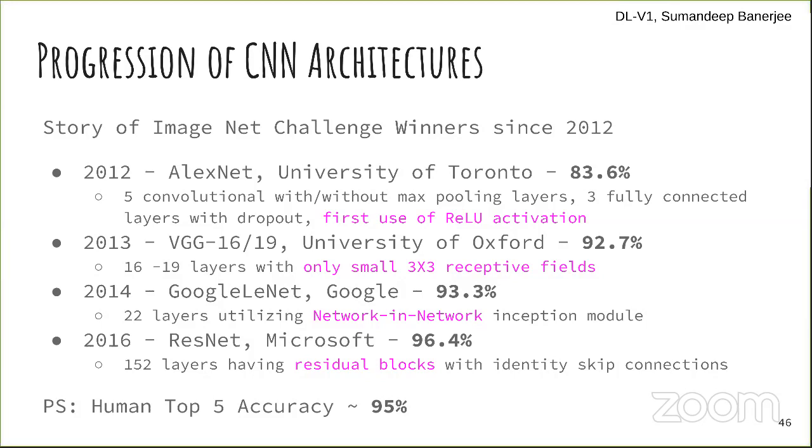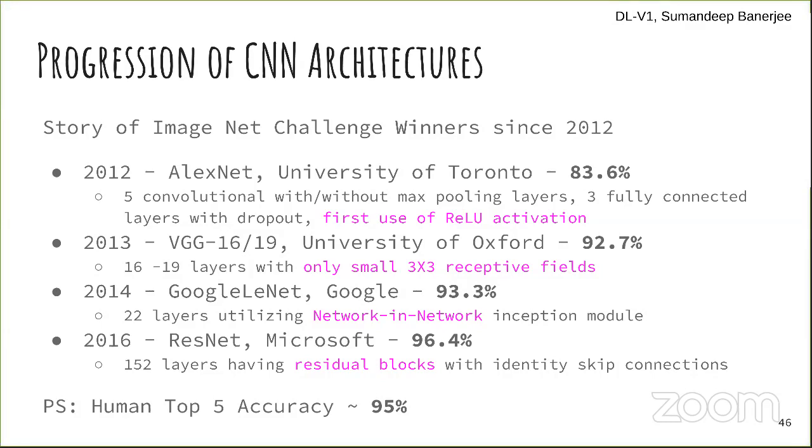Then immediately the next year came the Google LeNet paper, which had 22 layers. It utilized another key innovation, which had come 1 year earlier, the original network in network innovation. The Google LeNet people used that innovation in a working deep learning architecture.